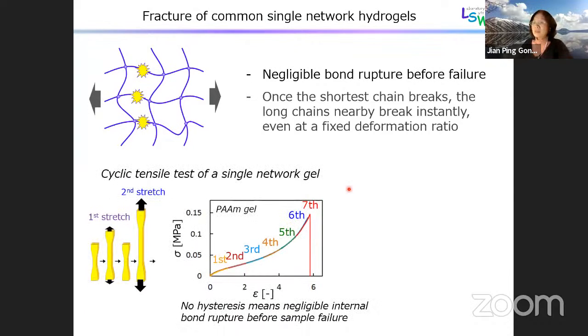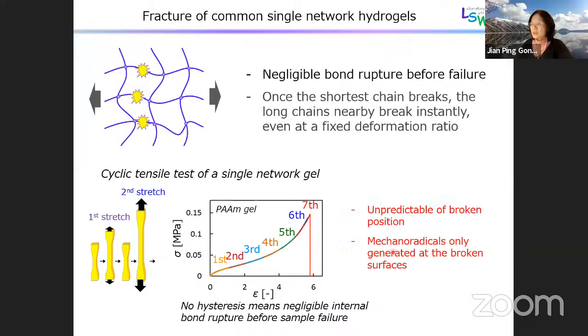And this can be clearly seen even for a weakly crosslinked single network gel. For example, here we use polyacrylamide gels. If you load and unload a polyacrylamide gel, you never see hysteresis in these regions. That means there is no internal bond rupture, or very, very few internal bond ruptures, before sample failure. So in this case, we cannot use mechanoradicals to do polymerization or remodel materials.